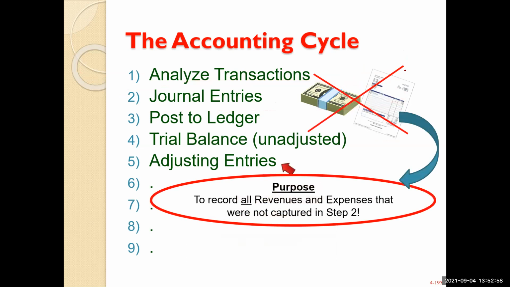But sometimes things happen and there is not an exchange of something physical, like there's no cash, there's no bill, there's no contract, but still there's some kind of revenue or expense that takes place, but they were not captured in step 2 because at that point in time, there was not an exchange of cash or some other physical object.